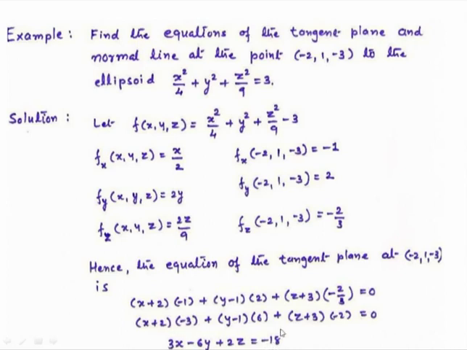So this is the final equation of the tangent plane for the ellipsoid x square by 4 plus y square plus z square by 9 is equal to 3 at this point (minus 2, 1, minus 3). Now the normal line to this surface at this point is taken as (x plus 2) upon minus 1 is equal to (y minus 1) by 2 is equal to (z plus 3) upon minus 2 by 3.